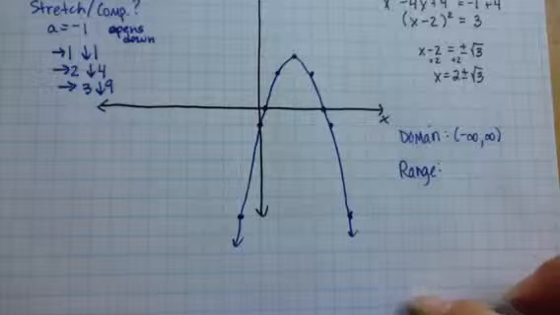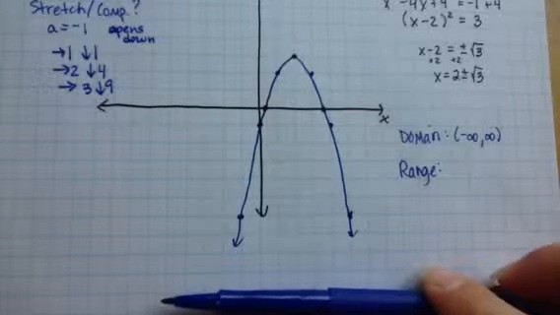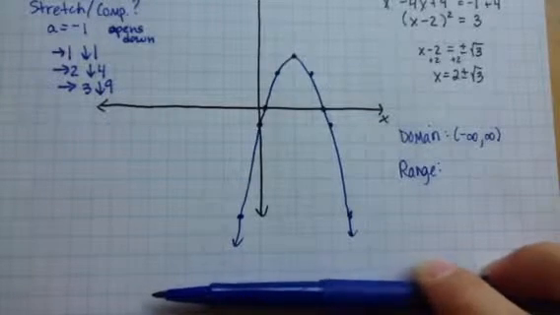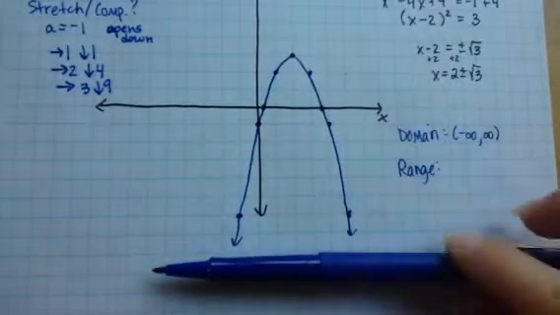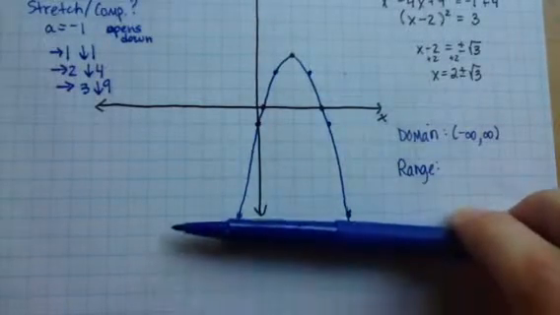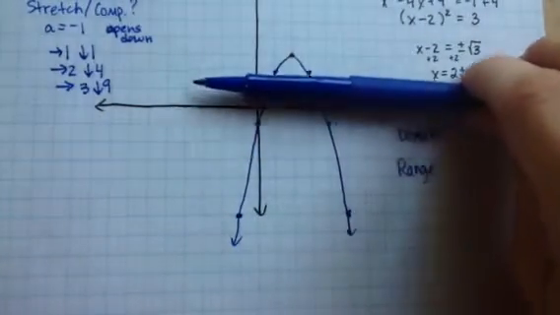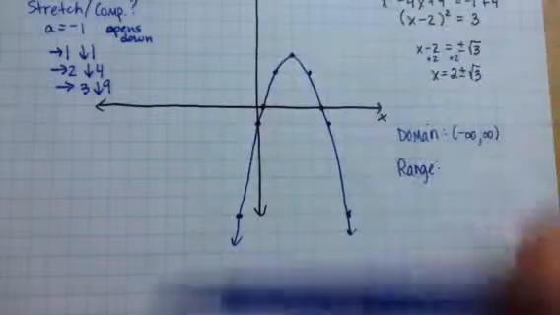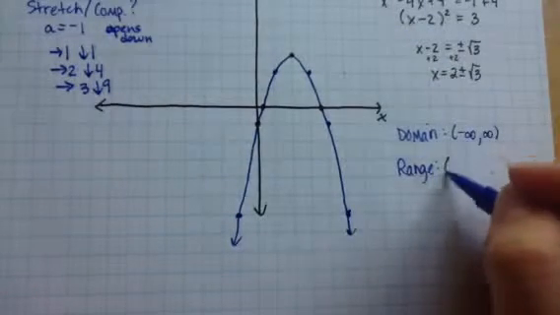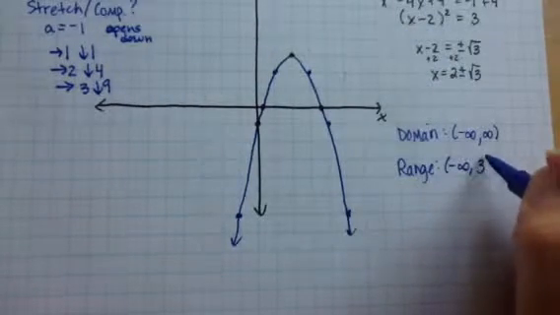We always want to start from the bottom of the graph and see if the function is defined down there. So this graph does have pieces down at negative infinity, so the range will go from negative infinity up to the top value right here, which happens to be 3. So this range will be negative infinity up to 3.